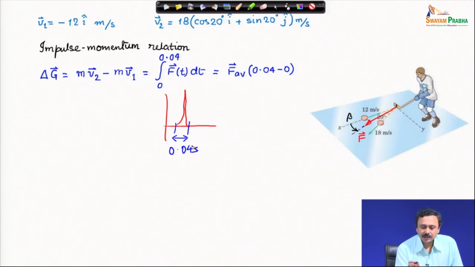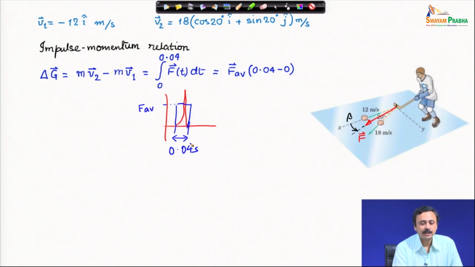Over this time interval, I can define some average force vector which acts on the particle, with some magnitude and some direction, some average force which has acted on the particle over this short time duration.